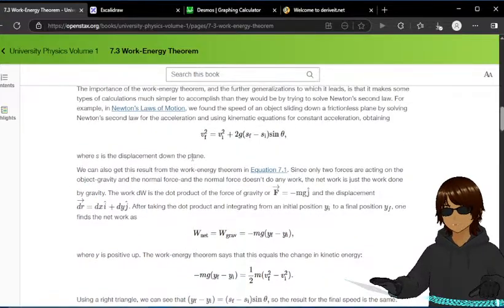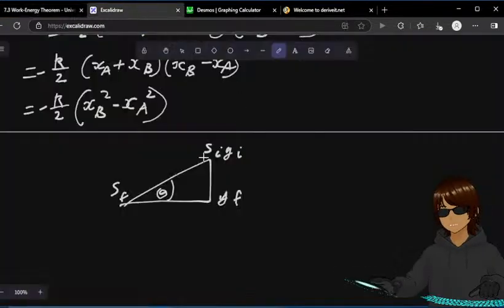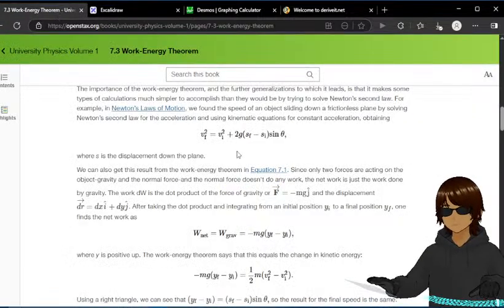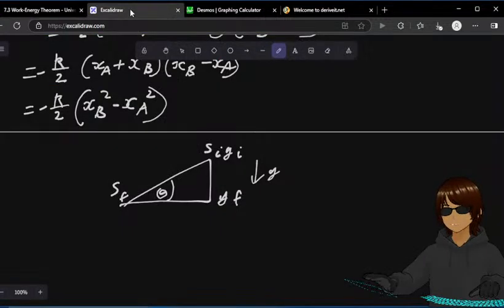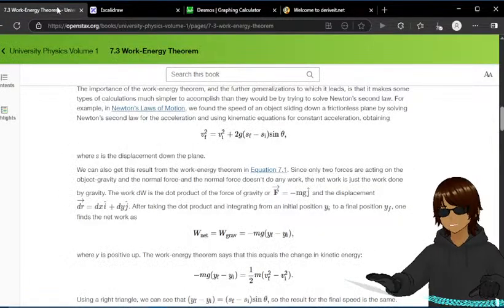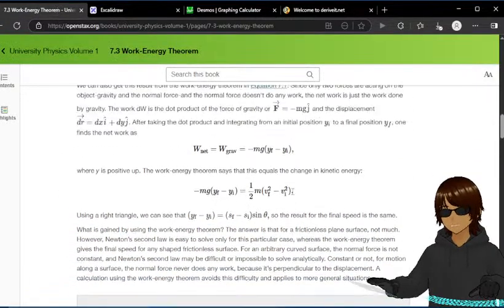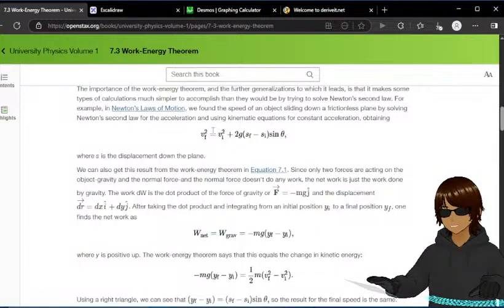So g is downwards, g is in that direction. Velocity f and velocity i, these are also in the down direction, right? Velocity f is in that direction, and same for velocity i. This is what's getting me confused.